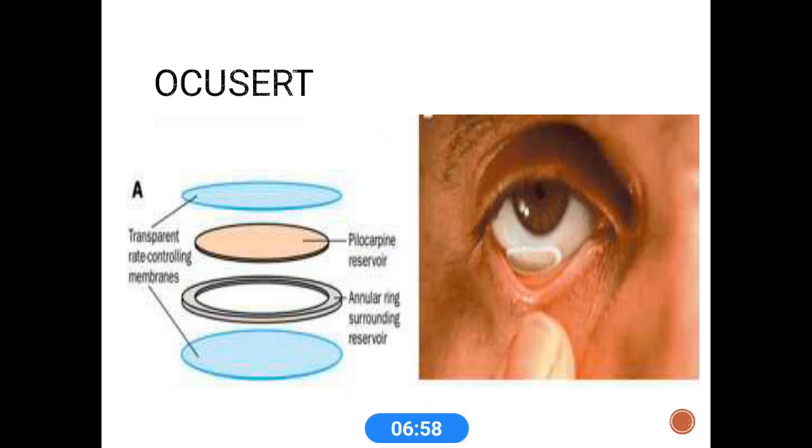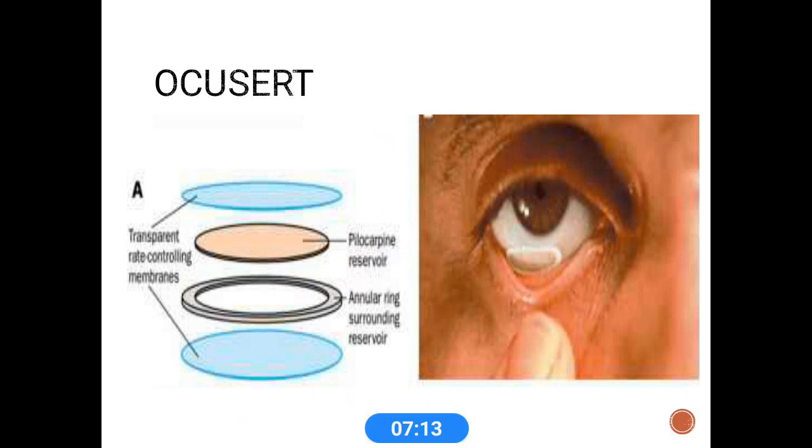Ocusert is the best known ophthalmic drug delivery system. These are inserted in our eyelid just like a contact lens. Best example is pilocarpine, mainly used for the treatment of glaucoma.